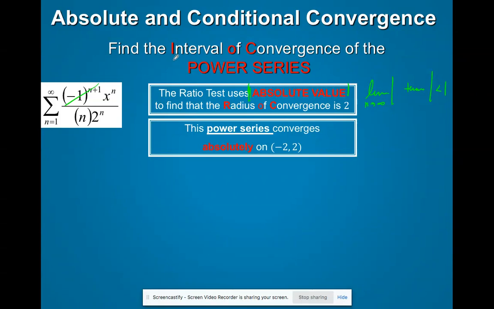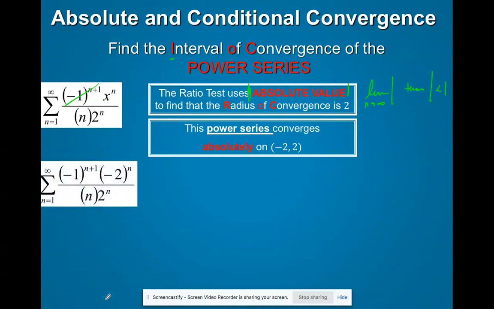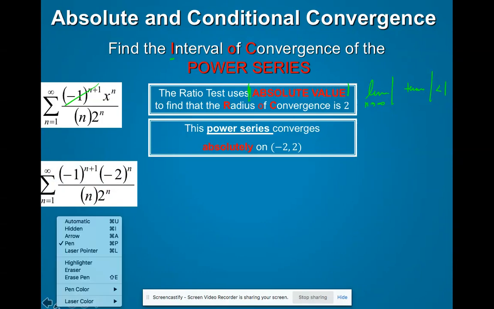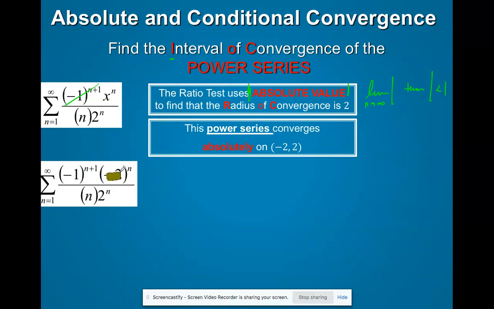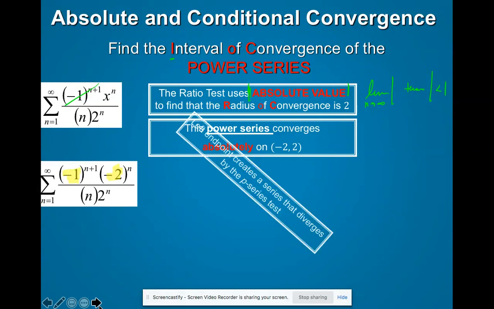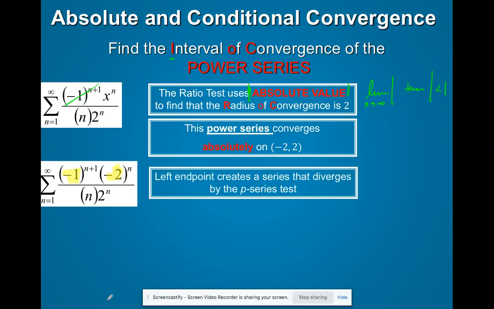You want to find the interval of convergence, so you need to check the endpoints. First, put the left endpoint in, shake it all about. You have a sign alternator. When you simplify this, you end up with a p series where p is equal to 1, and therefore you diverge.